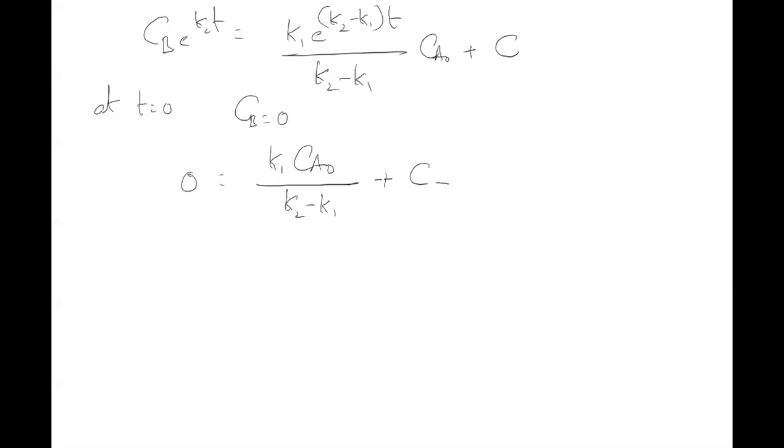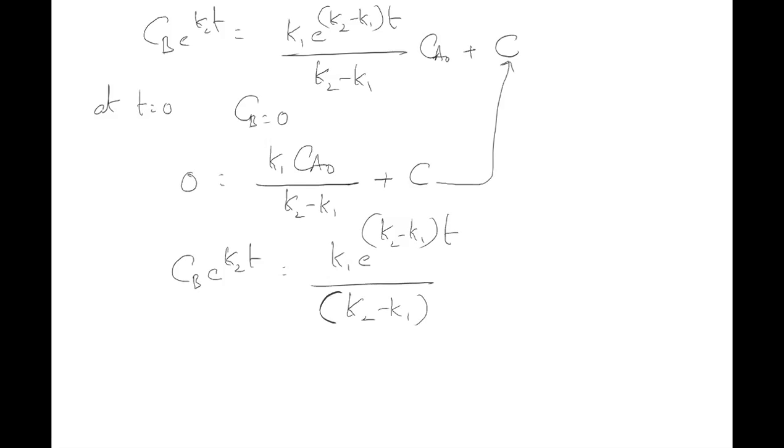So if we substitute this C here, CB into e power k2t equal to k1 CA naught times (e power (k2 minus k1)t minus 1) by (k2 minus k1).